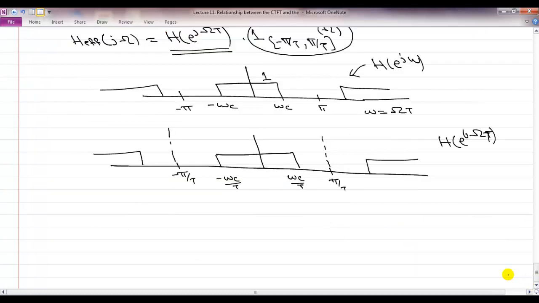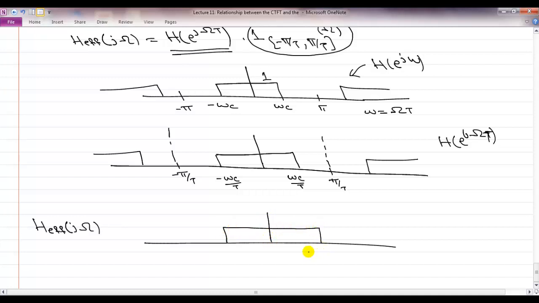So your effective filter is simply, it looks like this, with a cutoff of ω_c by T, minus ω_c by T, and height of 1. Which means that if you had a low pass filter in discrete time, that will effectively be, if you focus on this shape, a low pass filter in continuous time, right?